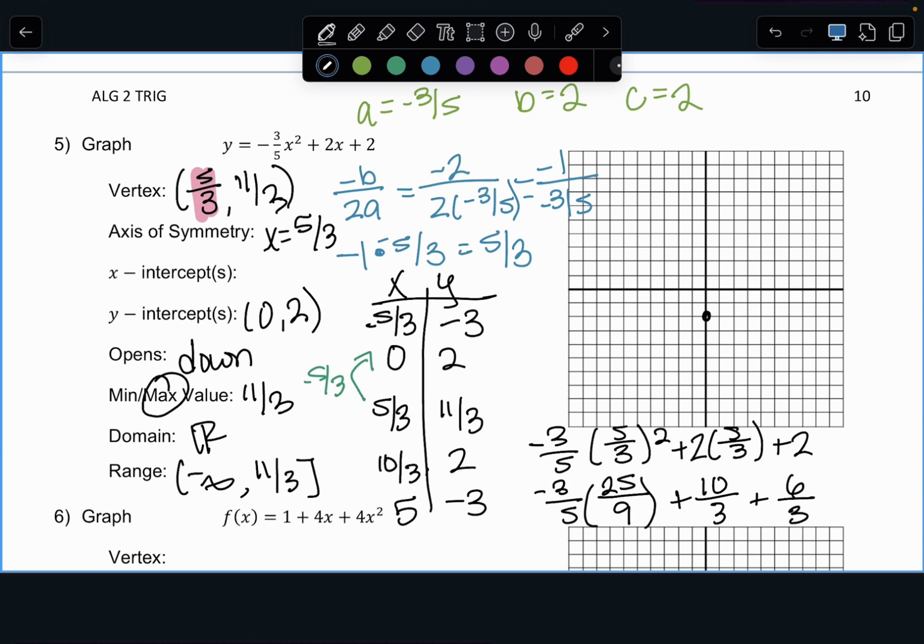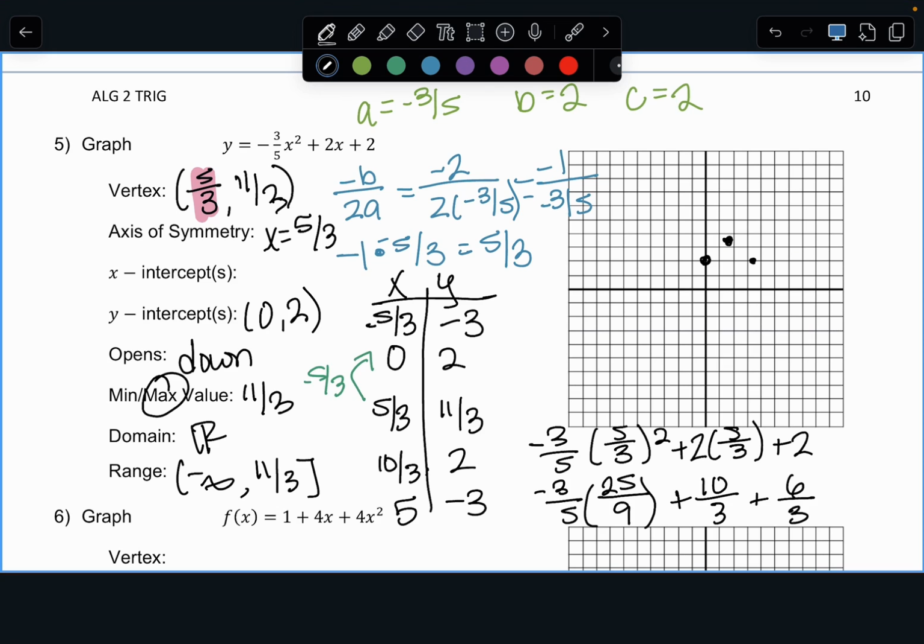And then my graph, here's 0, 2. 5/3 is a little bit more than 1. It's 1 2/3, and then 11/3 is a little bit over 3. 10/3 is a little bit over 3.